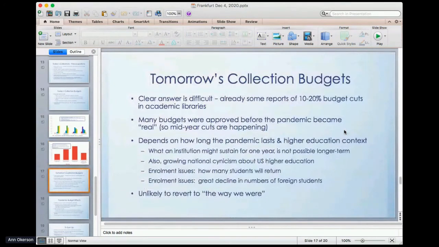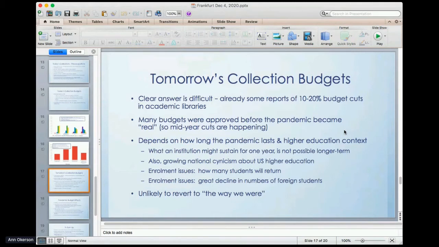So already there are reports of sudden budget cuts in academic libraries as high as 10 to 20%. And the situation remains volatile as our institutions watch enrollments and costs through the crisis.